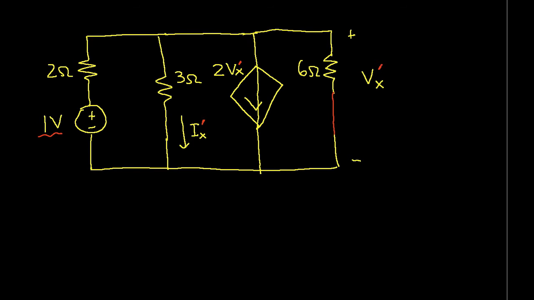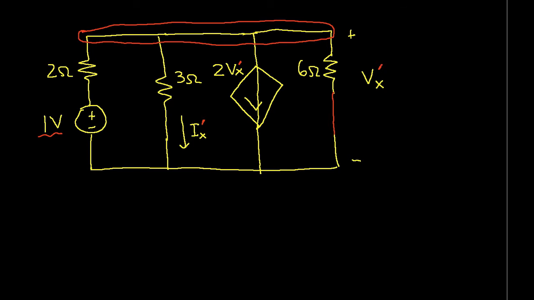So looking at this, how do we want to do this? There's a couple of different approaches we could take. It looks to me like what we'll probably have to do is apply Kirchhoff's current law to this top node.